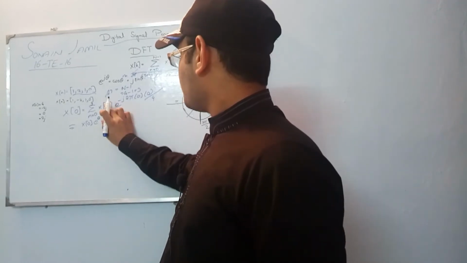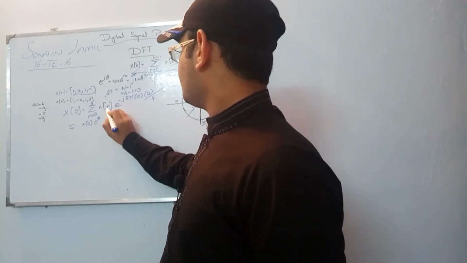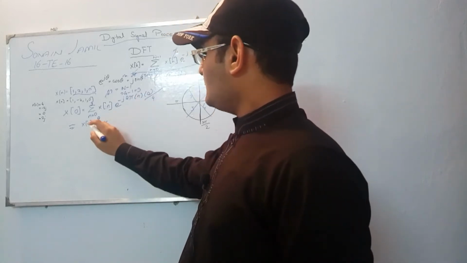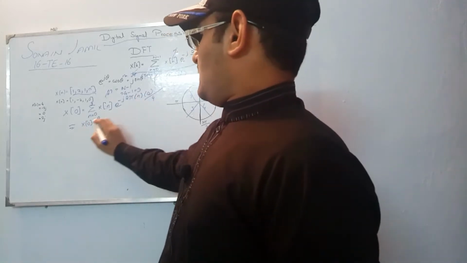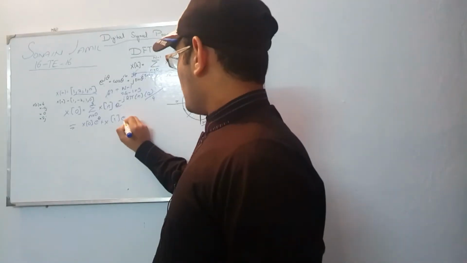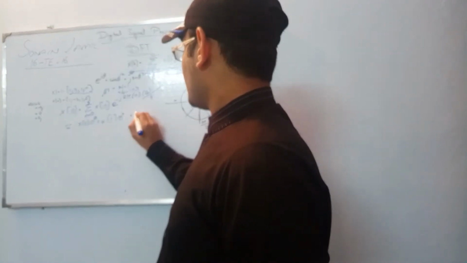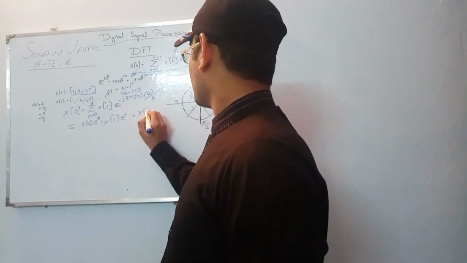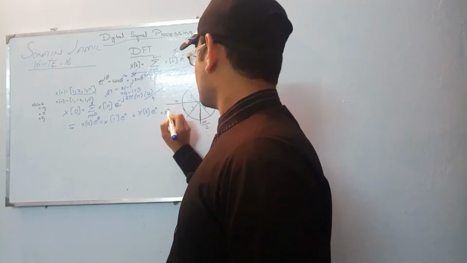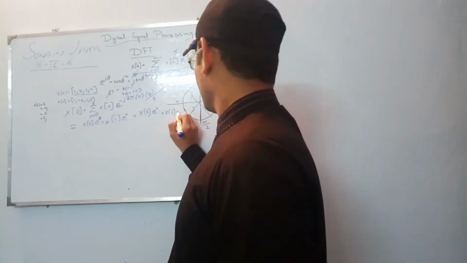So put the value of n here: x of 0 e power 0 plus x of 1 e power 0 plus x of 2 e power 0 plus x of 3.